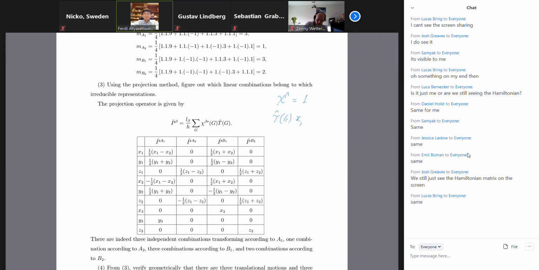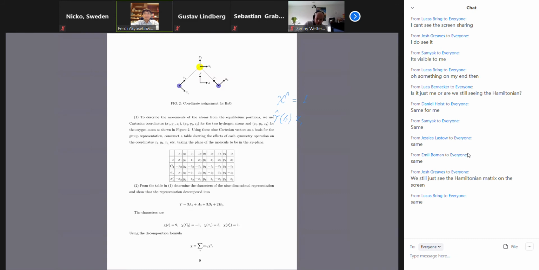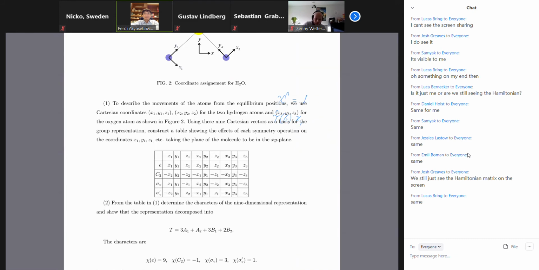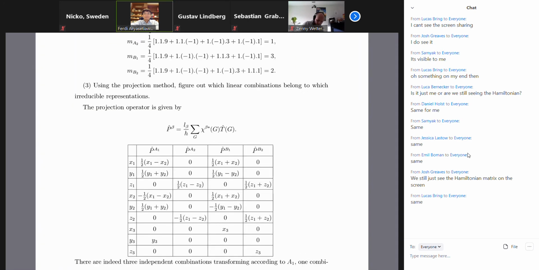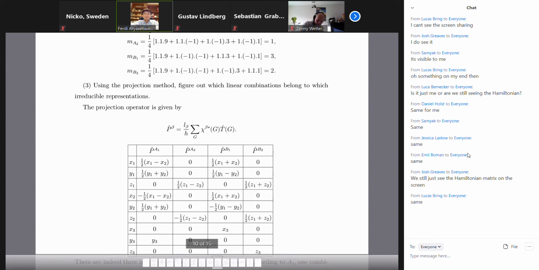Let's see. So we go back here. So it goes to x1 and then minus x2 and x1 and then minus x2. So then it becomes, so difficult to write this.